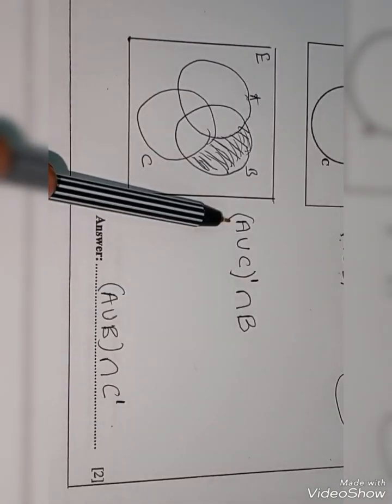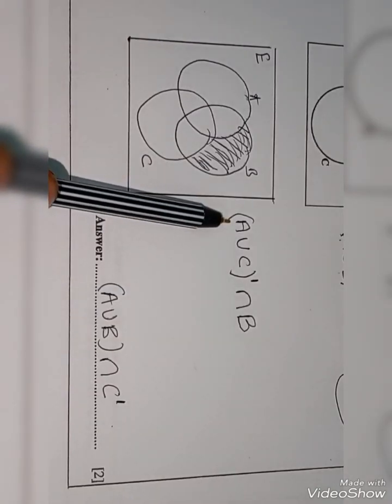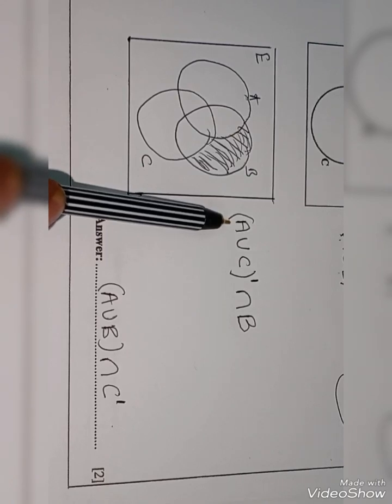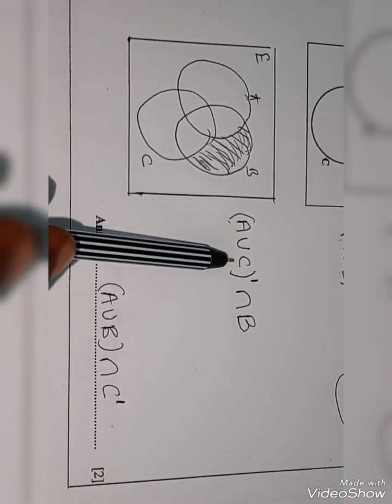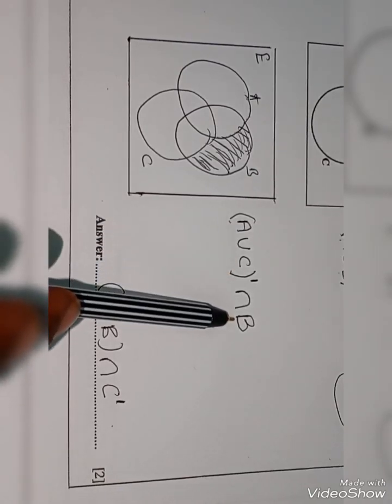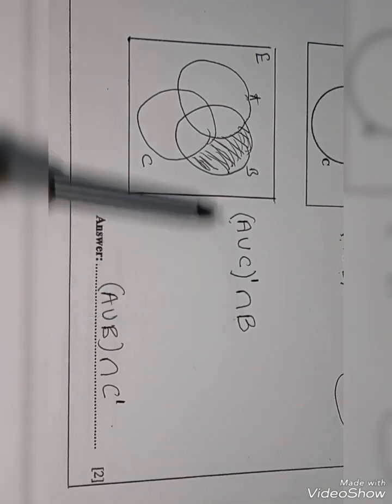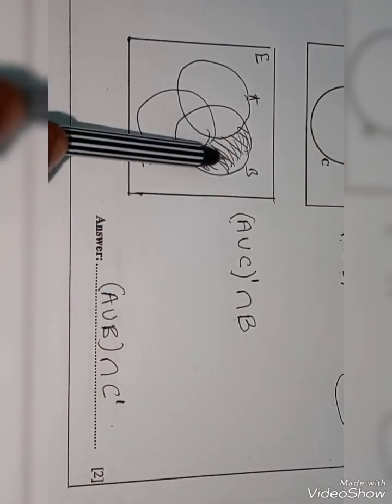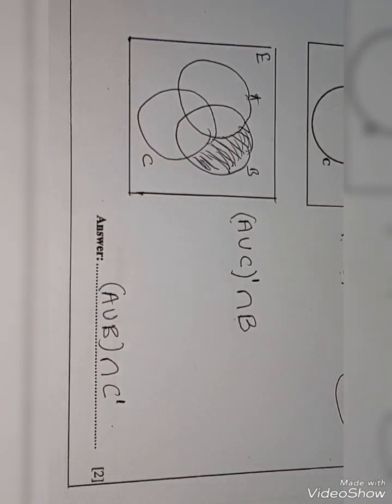It means elements that are not in either set A or set C, but they are in set B. So that is the shaded region.